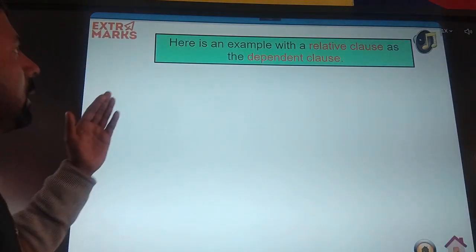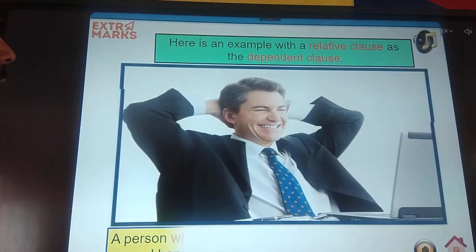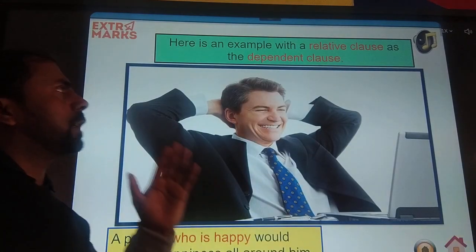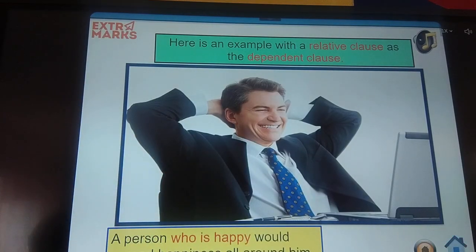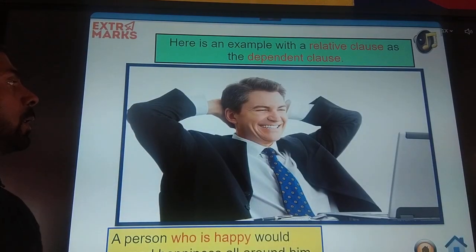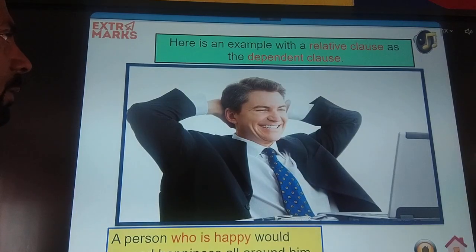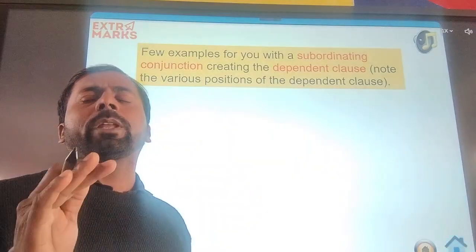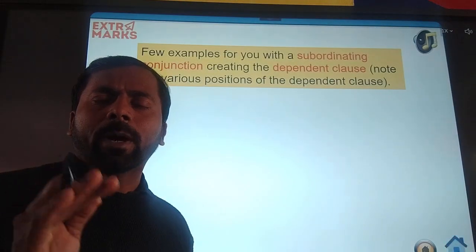Here is the example with the relative clause as the dependent clause. You know very well about pronouns and the parts of pronoun.